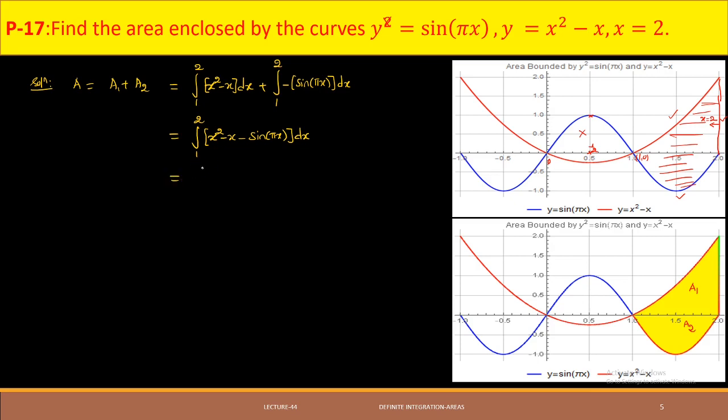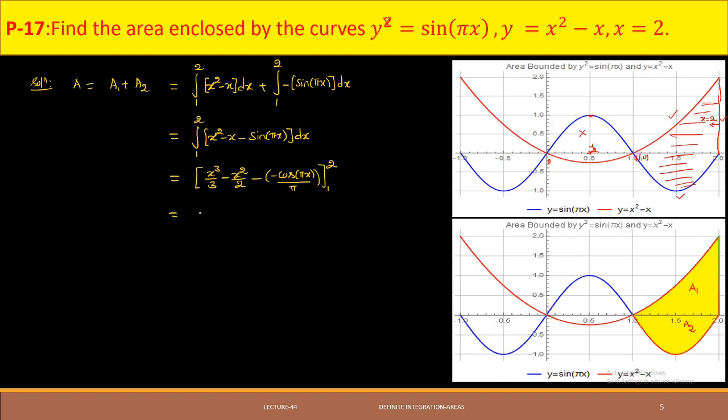Now let me do the integration. So integration of x square is x cube by 3, minus x square by 2, minus integration of sine pi x, which is minus cos pi x divided by pi, evaluated in the limits 1 to 2.